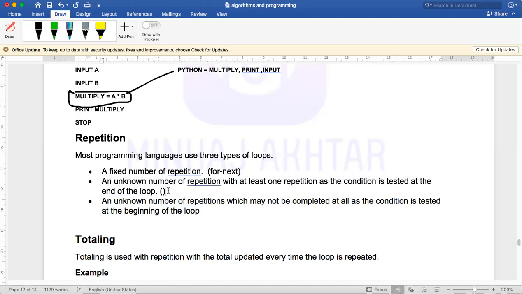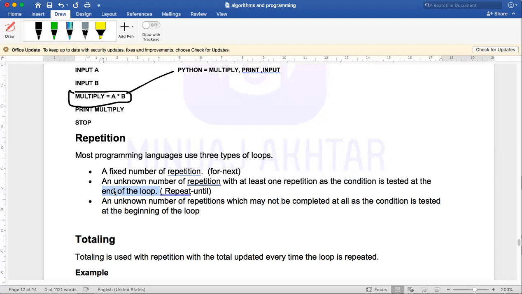In repeat until, the condition is checked according to the given criteria, but this happens at the end of the loop. Like you are running a program and you are using repeat until.